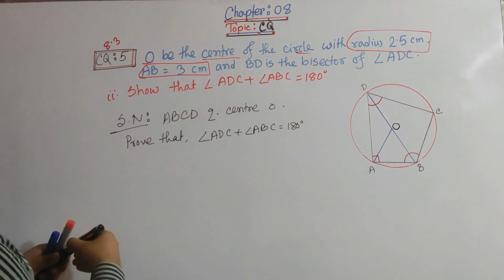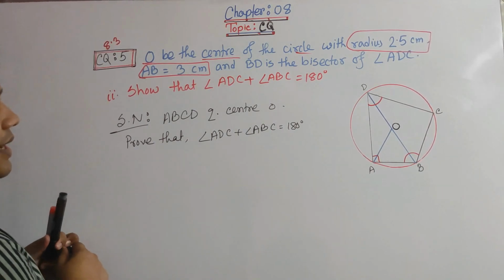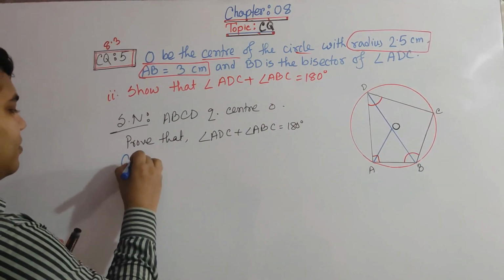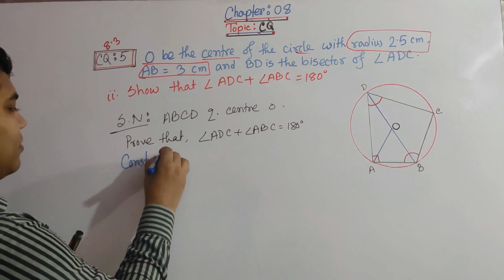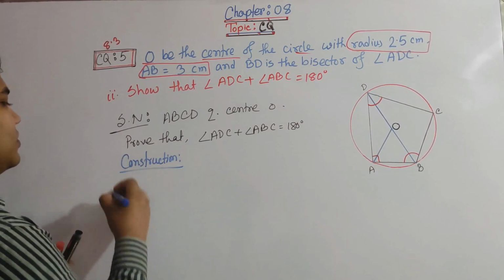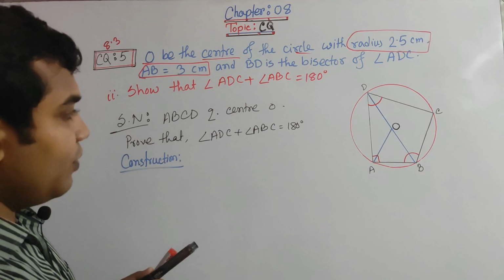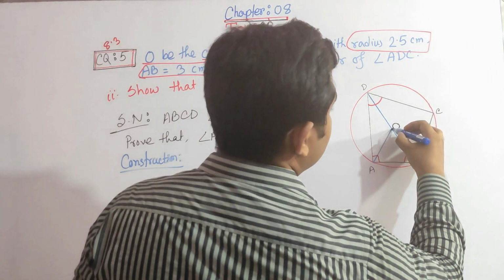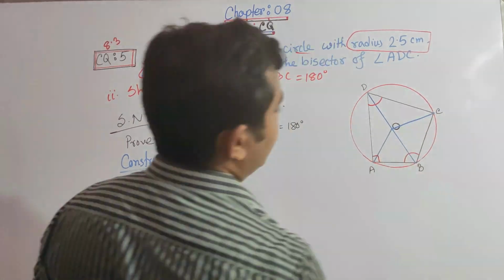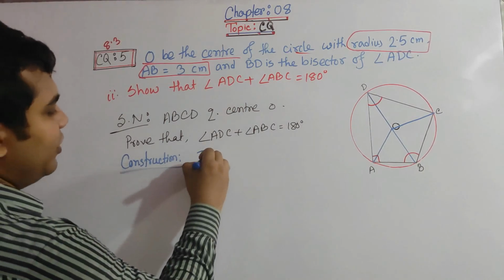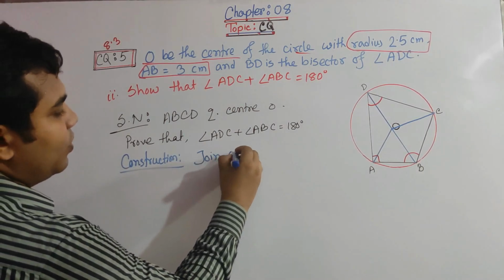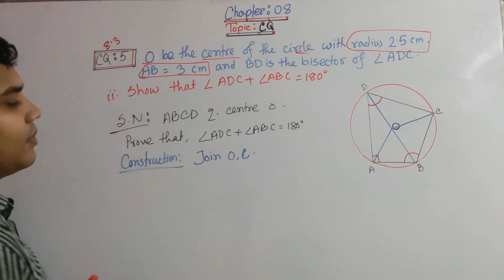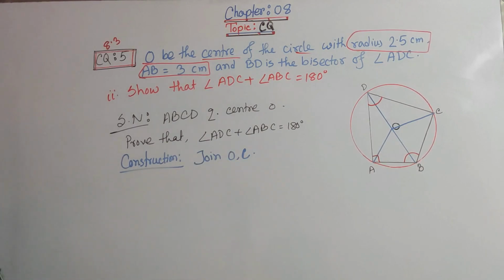There is also a construction part: we have to join AO as well as OC. This is our construction part.